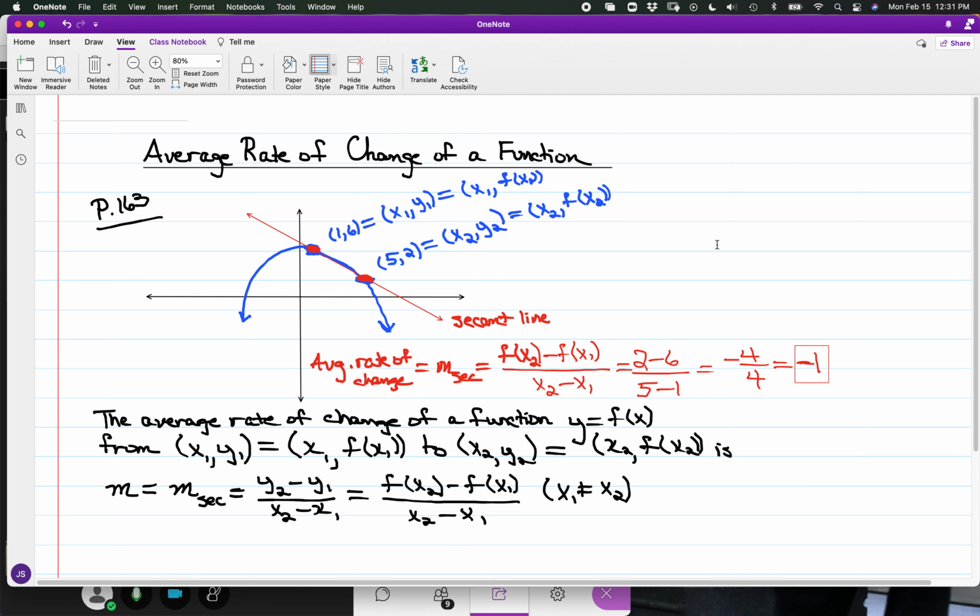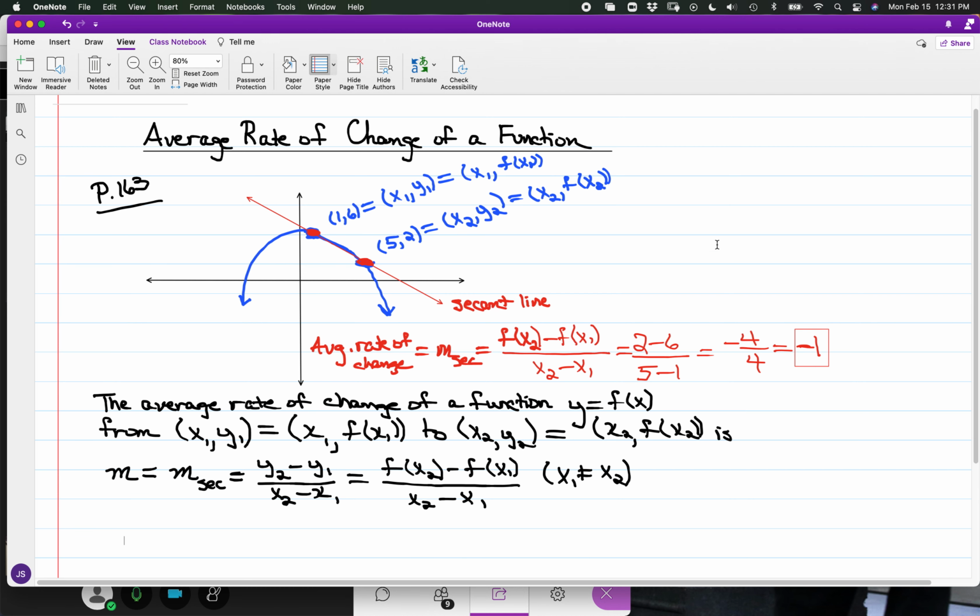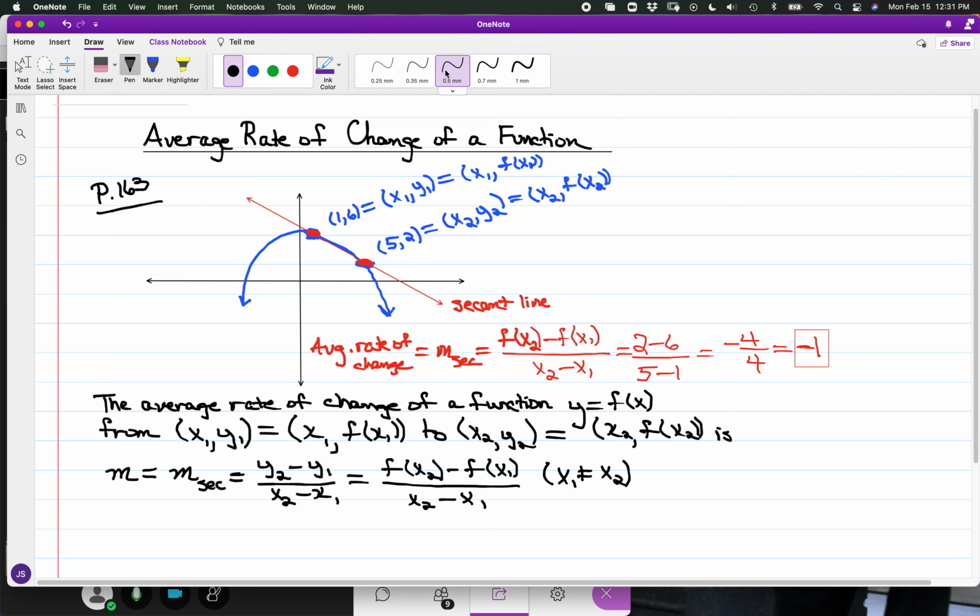And just referring to a graph that we have on page 163, concerning the average rate of change of a function, at least if you take a section of the function. From this graph, you have a curve, sort of like a parabola that is opening downward as indicated by the downward pointing arrowheads.